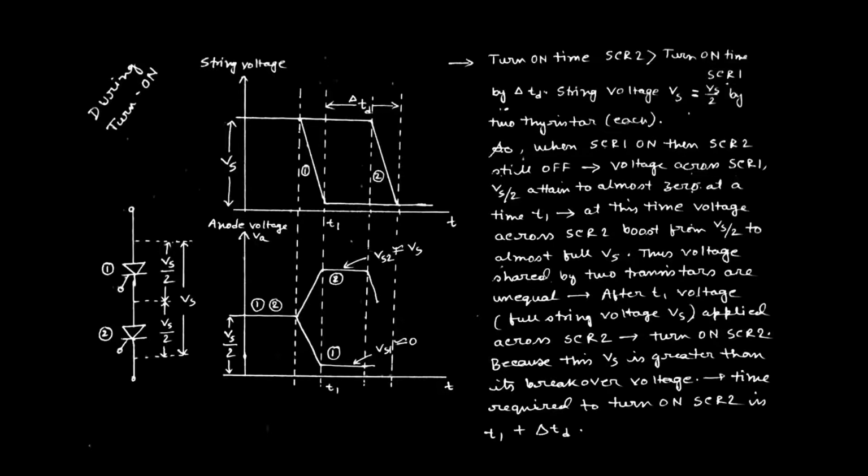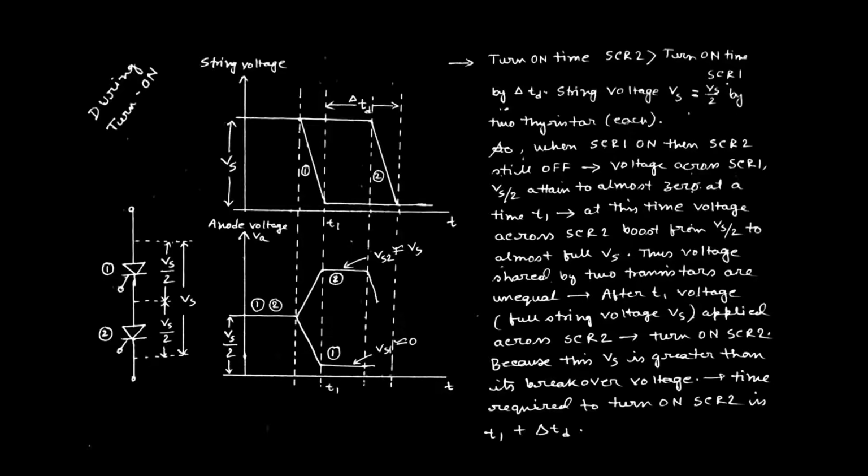That is why we can say the SCR string voltage falls as both SCRs start working and the SCR current is high enough to share the total string current.